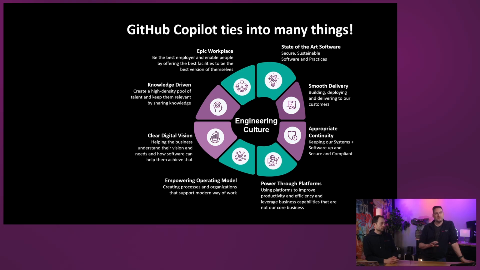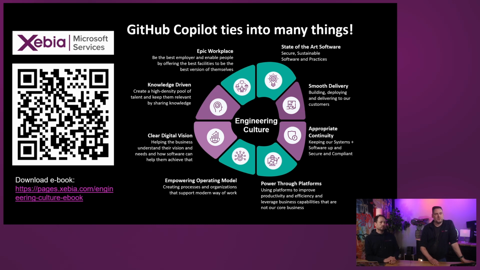There are a lot of different ways that you can look at that, but as I said, it's quite a hefty topic. So I recommend grabbing the ebook. The link will be shared as well, because there you can really learn what is in that, how we talk about those kinds of things, and how Copilot ties into that.